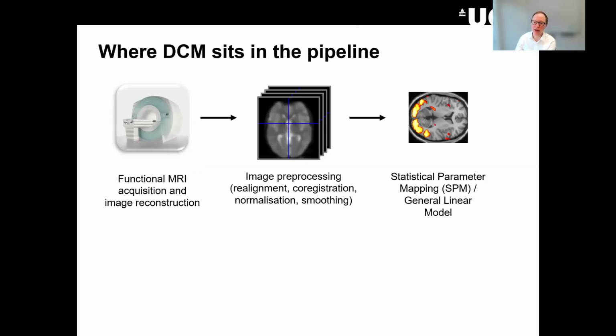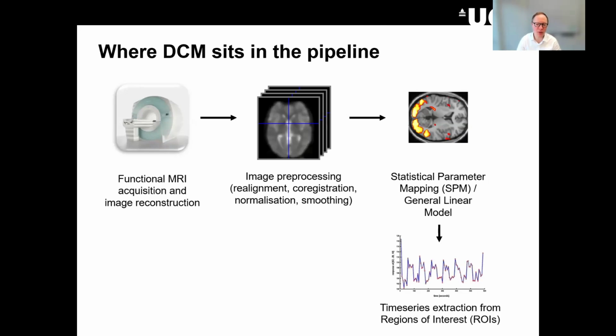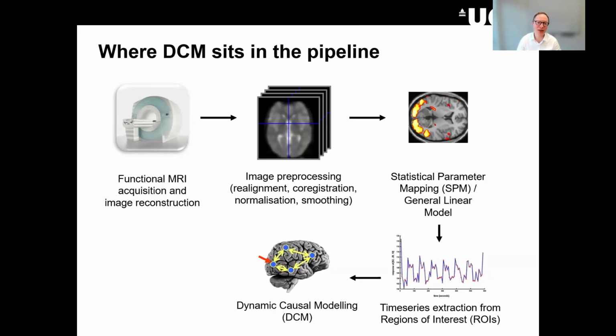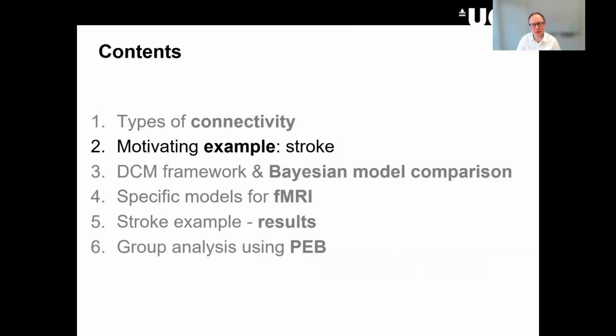Having asked where the effects happened, the next question is, why did they happen? So what was the underlying neuronal architecture that caused those blobs? To find that out, we extract time series from all the brain regions we are interested in, and then we use DCM as the very final step to ask what connections could explain that fMRI data.